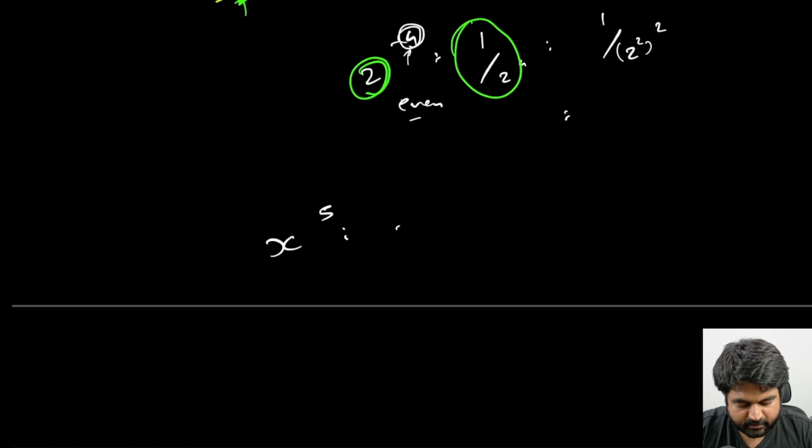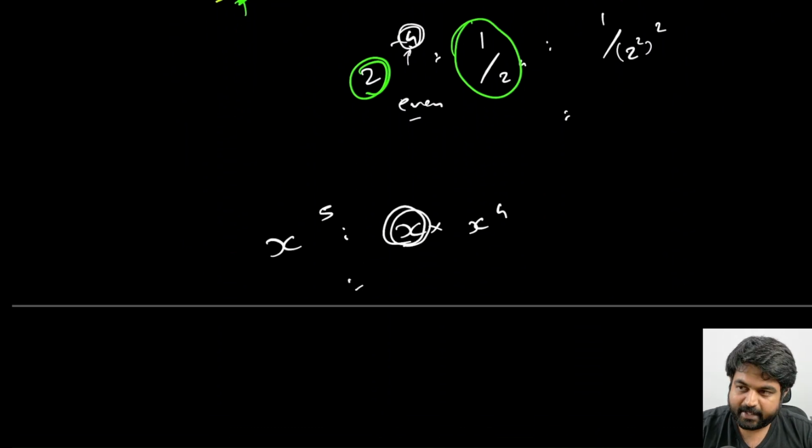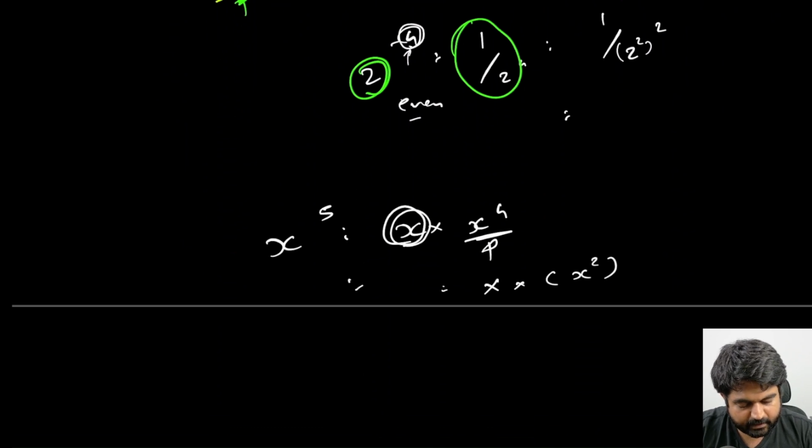In this case we can treat this as x multiplied by x to the power 4. So we would first multiply with the current value of x, and then we would have an even value of n, and then we would simply apply the same logic. So this is going to be x multiplied by x square and square of it. So yeah, that's the whole point.